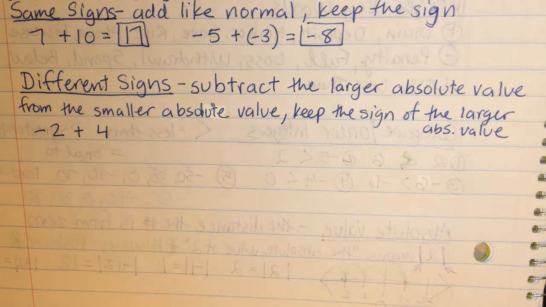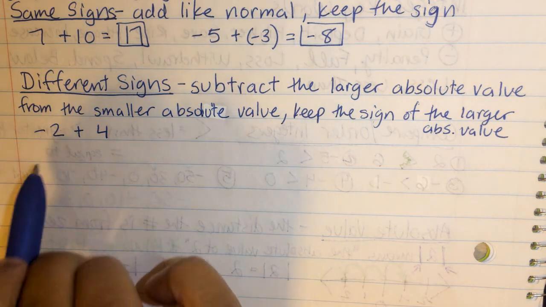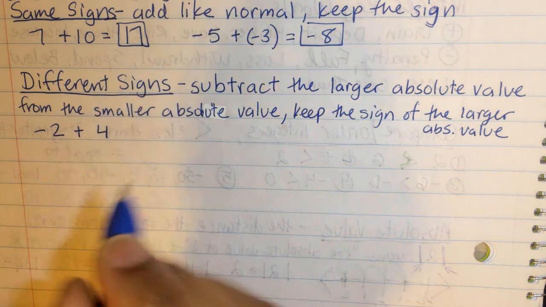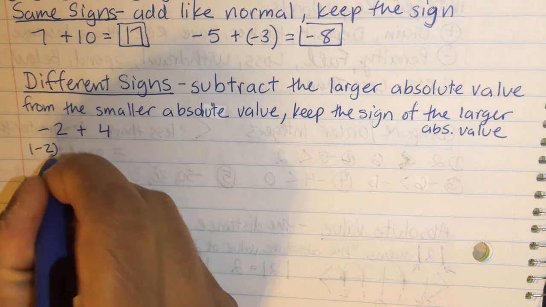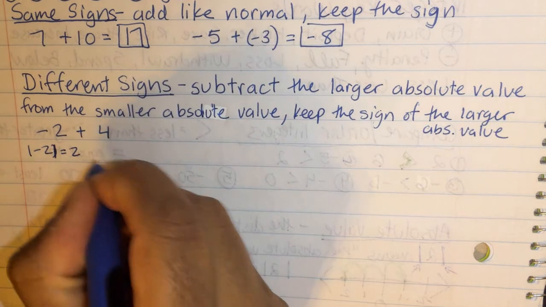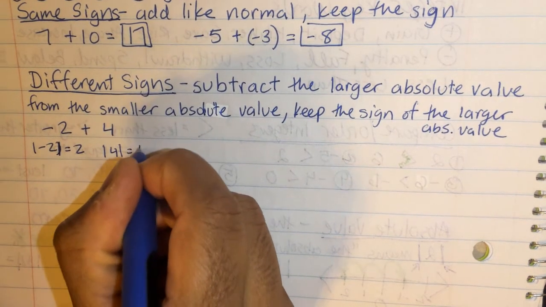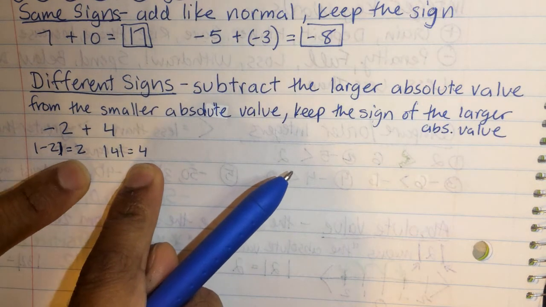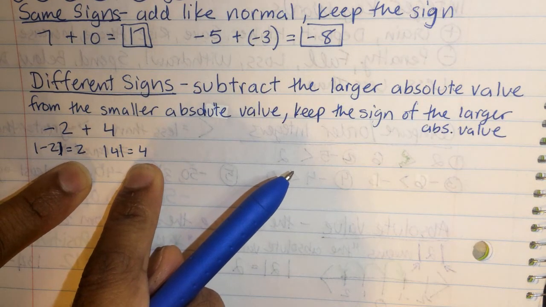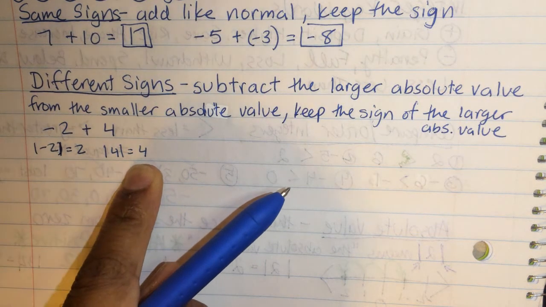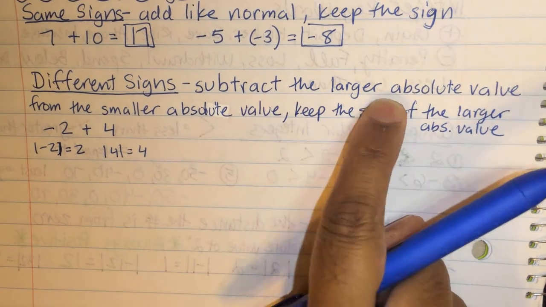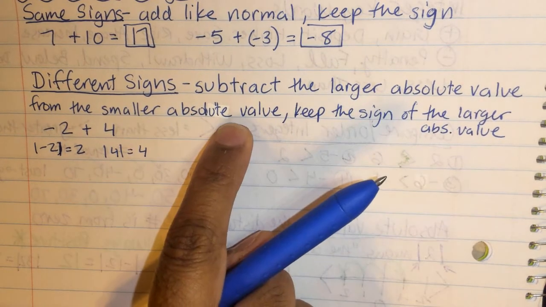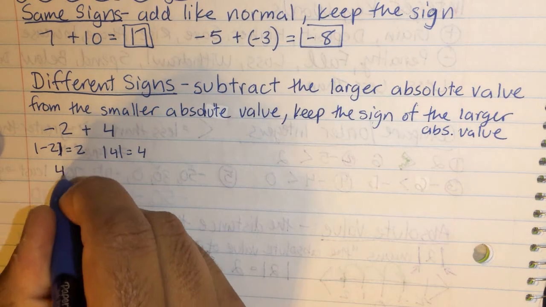Abby, go ahead and unmute your mic for me. Which one's going to be bigger, 4 or 2? I think 4. 4 is going to be bigger. So my rule tells you to subtract the larger absolute value from the smaller absolute value. So I'm going to take 4 and subtract 2.